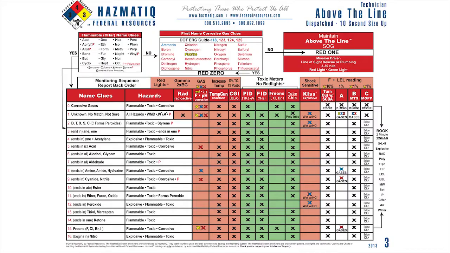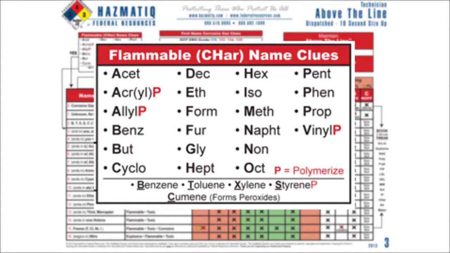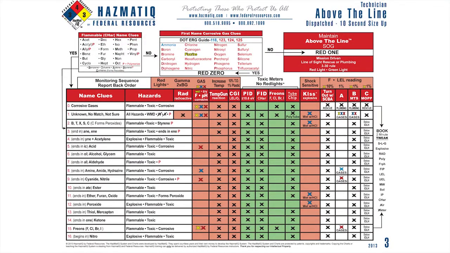Chart number 3 does a great job of whittling away other hazards if you can put it in a family. The way this chart works is you always start up in the upper left corner and you're looking for flammable clues. Remember, that is not a first name clue. That is an anywhere-in-the-name clue. So we look for thionyl chloride. Do you see it here? No, it's not there. So then we take it over to the middle box, which is my corrosive gas box.